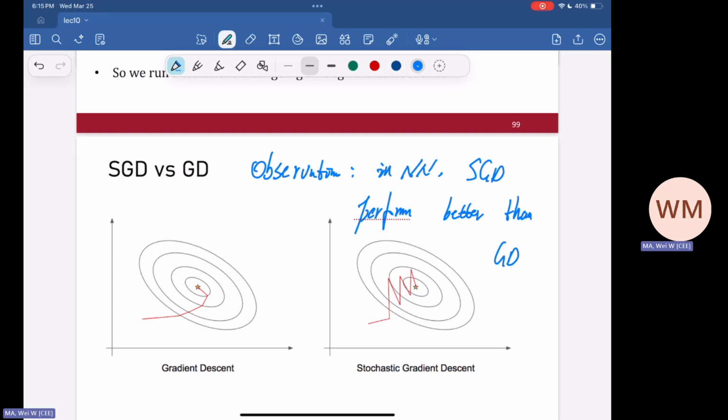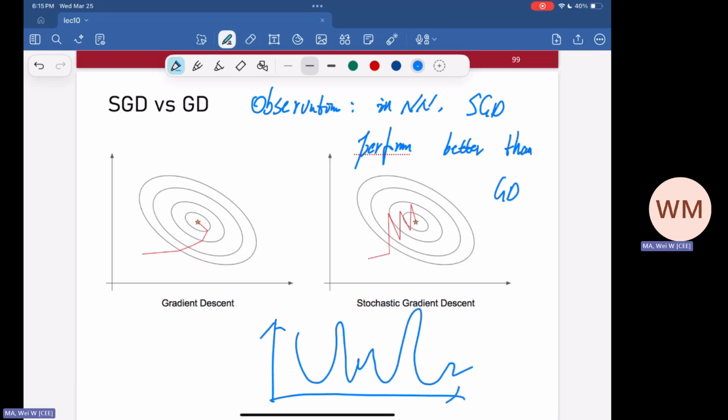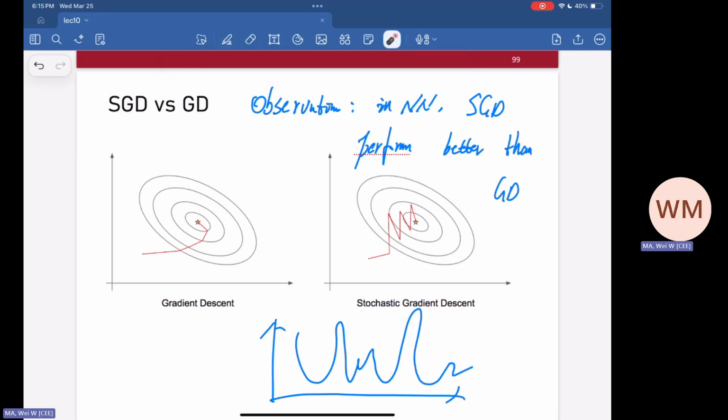Because in the neural network, stochasticity is a good thing. In this case, you can see that stochasticity is not a good thing. But what we are facing is something like this. It's a nonlinear scenario. The stochasticity actually helps you to jump out of local minima.